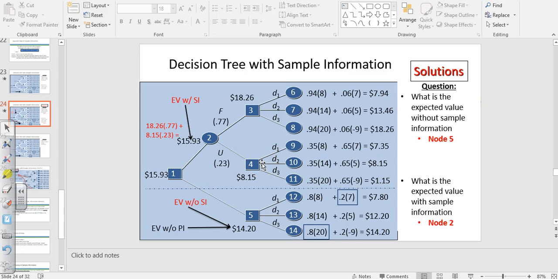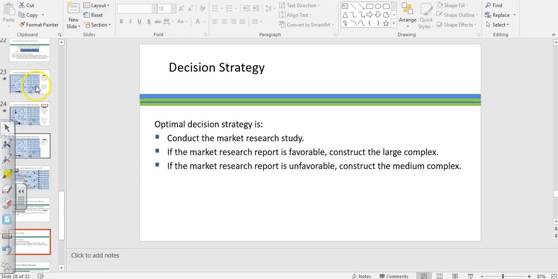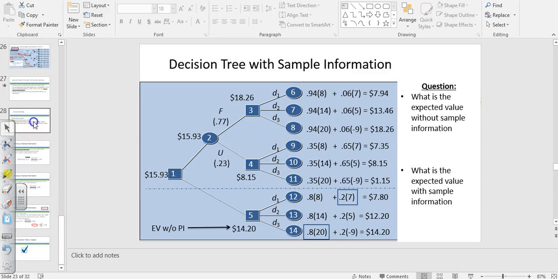So that's also something else to consider. Okay. If the market research is unfavorable, construct the medium complex. Remember, this was the favorables, so we picked the biggest favorable, which was large, and these were the unfavorable reports, decisions 1, 2, and 3. The largest was 8.15, and that's the medium. Okay.